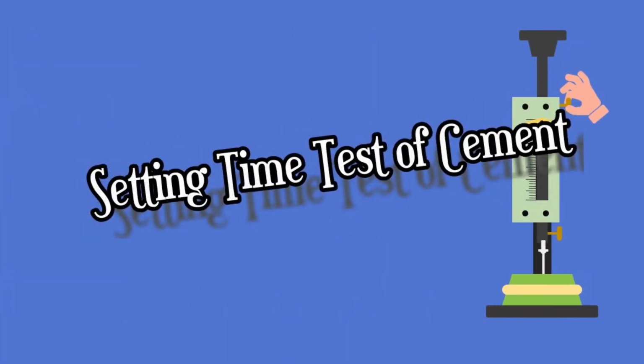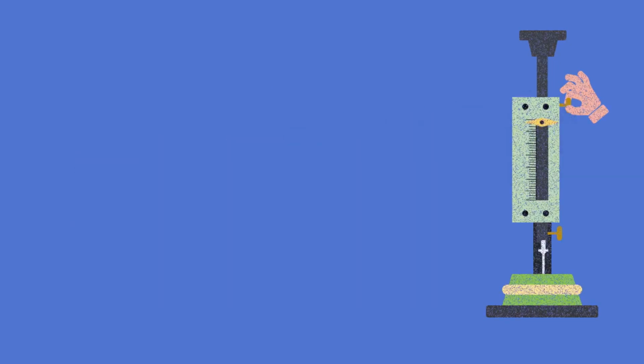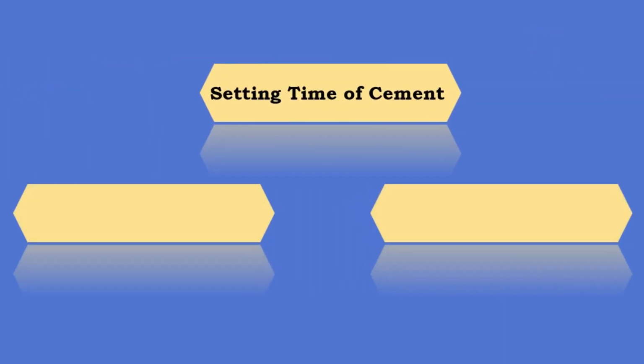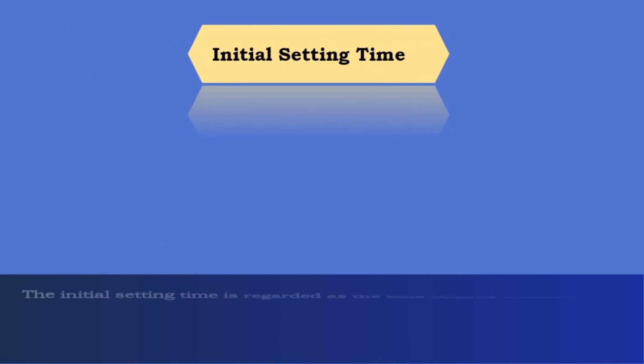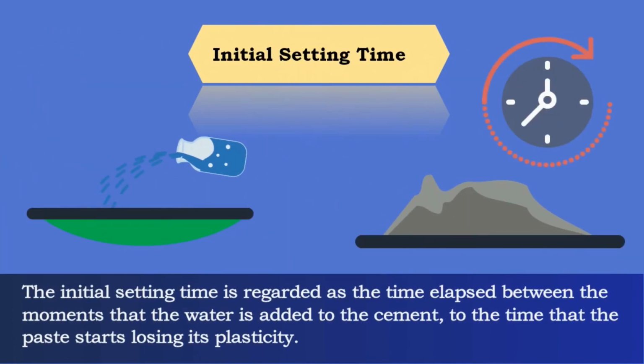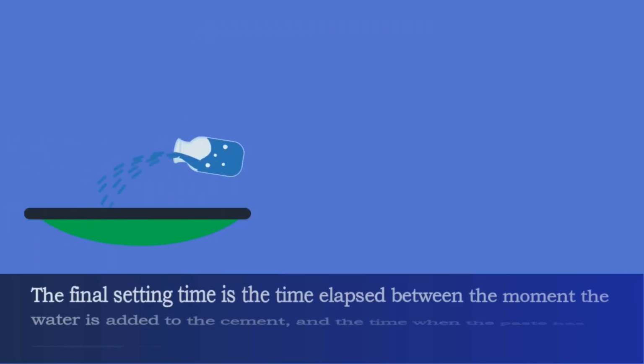Now let's conclude the setting time test of cement. There are two types of setting time: the initial setting time of cement and the final setting time. Initial setting time is the time elapsed between the moment that the water is added to the cement and the time that the paste starts losing its plasticity.